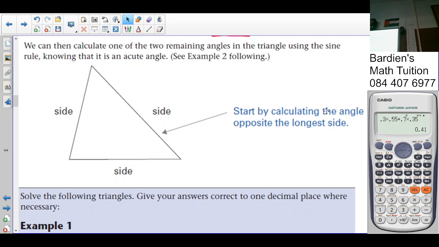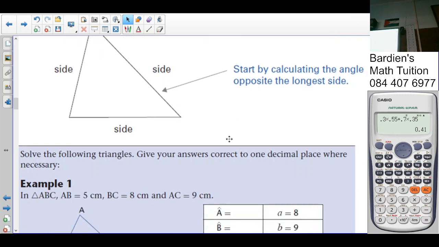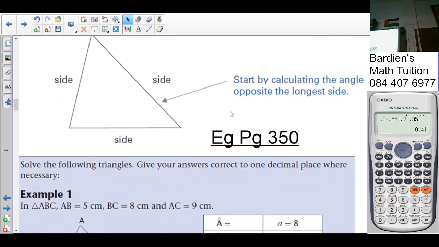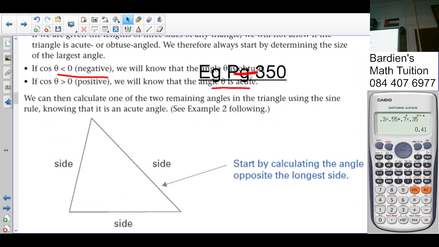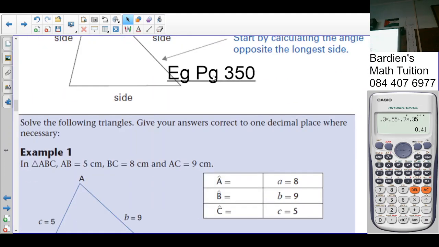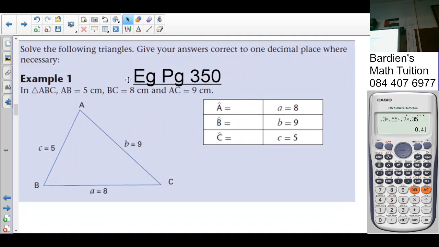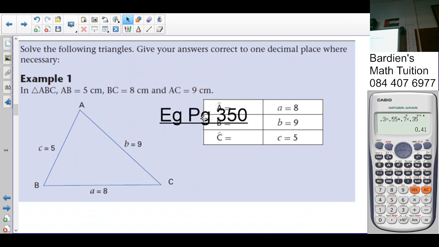So start by calculating the angle opposite the longest side. Now we're looking at example 1, on page 350. Solve the following triangles.